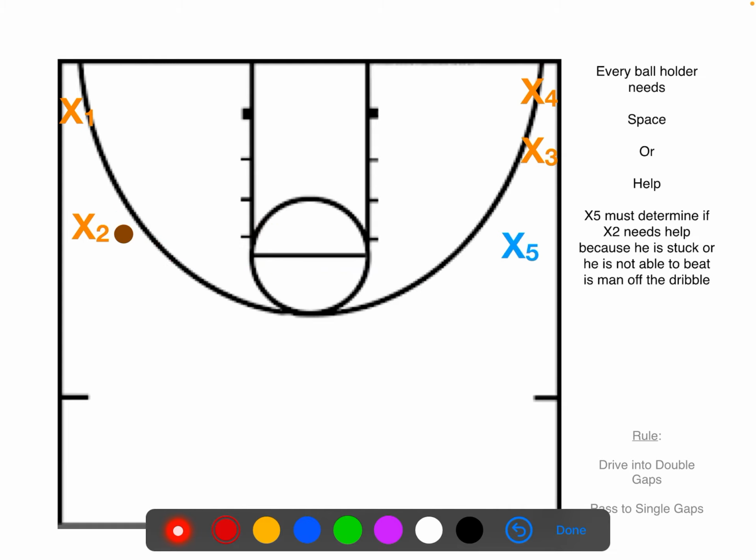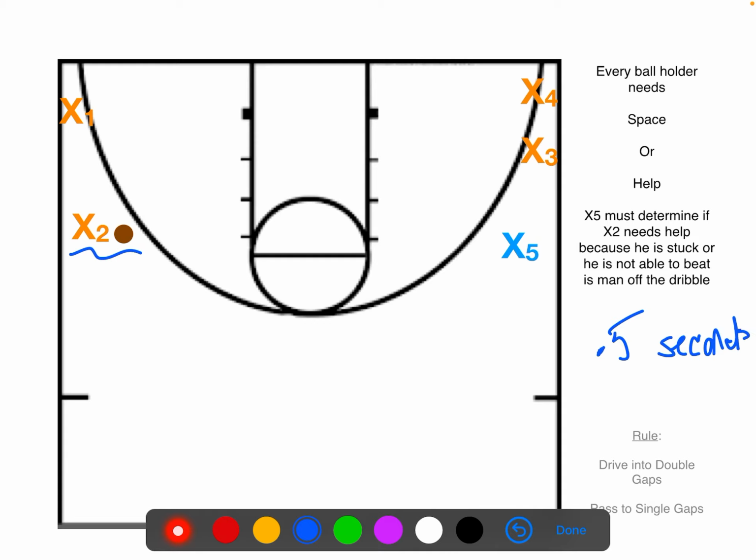Now X5 has a decision to make. X5 needs to think about, does my teammate need space, or does my teammate need help? And that's where we need to do a better job playing 0.5, meaning we make a decision in 0.5 seconds.